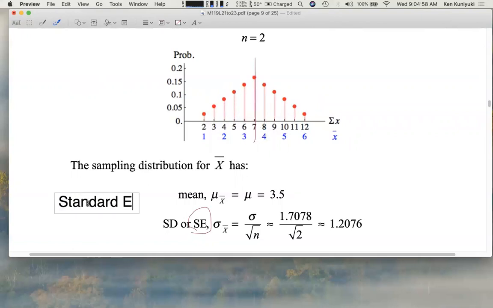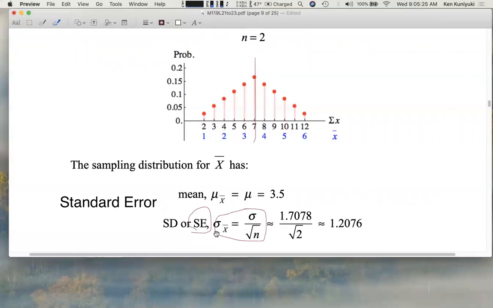The standard error, or SE. But again, it's the standard deviation of the x bar distribution. These terms are interchangeable if you're referring to the x bar distribution. Now, this formula for standard error, the standard dev for the x bar distribution, it's not just sigma, the way that this was just mu. It's not just sigma. It's sigma over the square root of n.